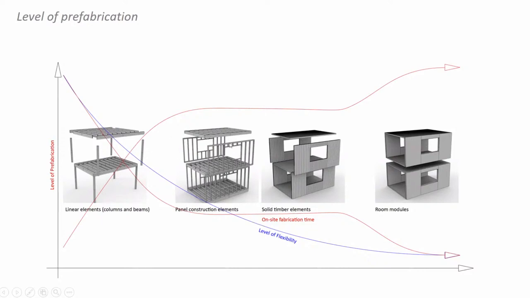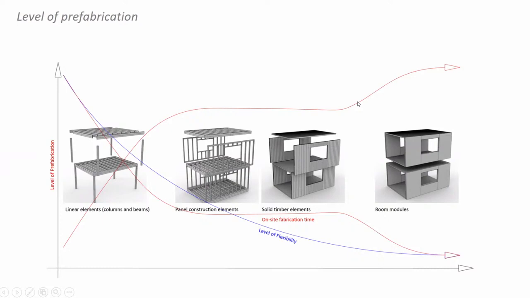For example, prefabricated elements brought on site, as is usually the case for either panel construction elements or solid timber elements, mean a higher on-site fabrication time, which decreases if you take room modules. But the level of flexibility also seems to decrease a little bit, while the level of prefabrication that you do offsite is increasing as well.